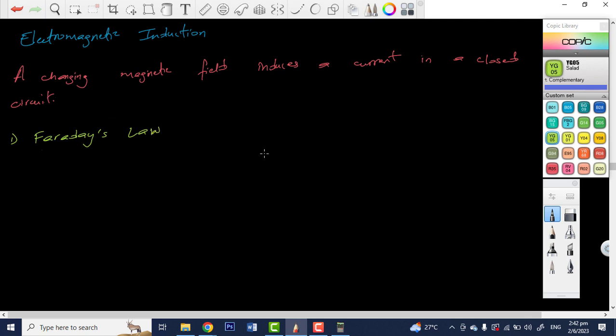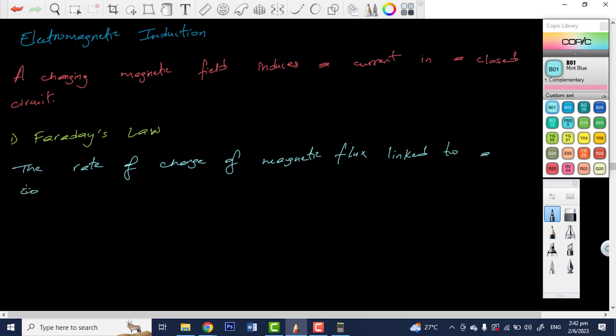Now, what Faraday found out from his research, he found out that the rate of change of magnetic flux, I'm going to give it a technical definition, the rate of change of magnetic flux linkages, or flux linked to a conductor, is directly proportional to the EMF, right, across its ends. Right? That's Faraday's law of electromagnetic induction.